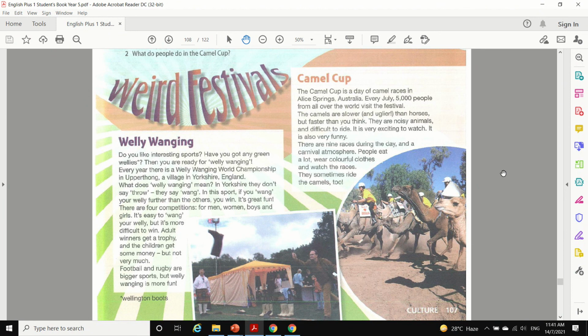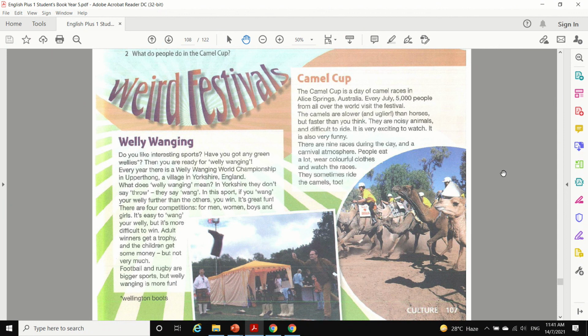There are nine races during the day and a carnival atmosphere. People eat a lot, wear colorful clothes, and watch the races. There are more than 5,000 people. They prepare a lot of food, you can try the local food, and they wear colorful handmade local clothes and watch the camel races. If you have been there, you will find it very fun.